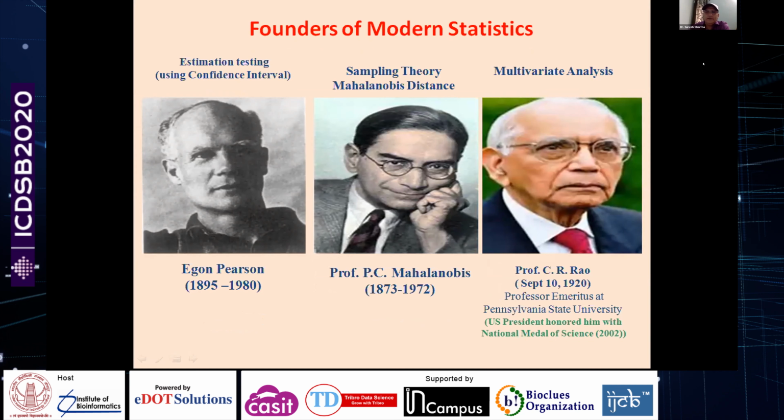He is working as a professor emeritus at Pennsylvania State University, and the US president honored him with a National Medal of Science in 2002, and his name is Professor C.R. Rao. We are celebrating his century birthday this 10th of September. A very renowned person, known for the Rao-Blackwell theorem and many of the multivariate techniques.